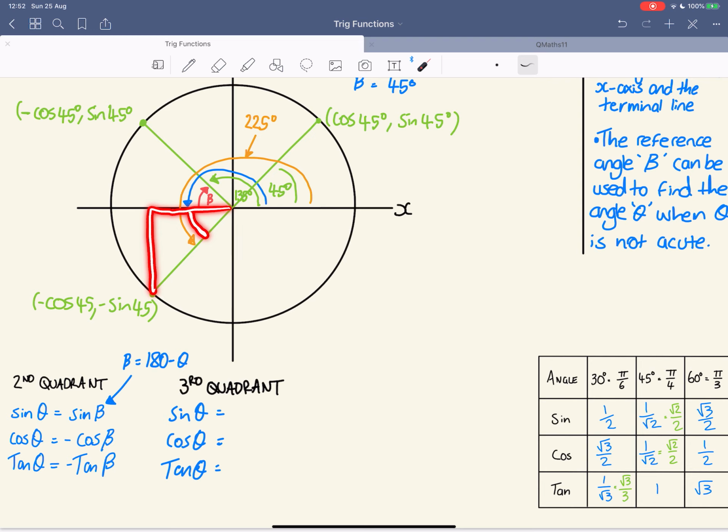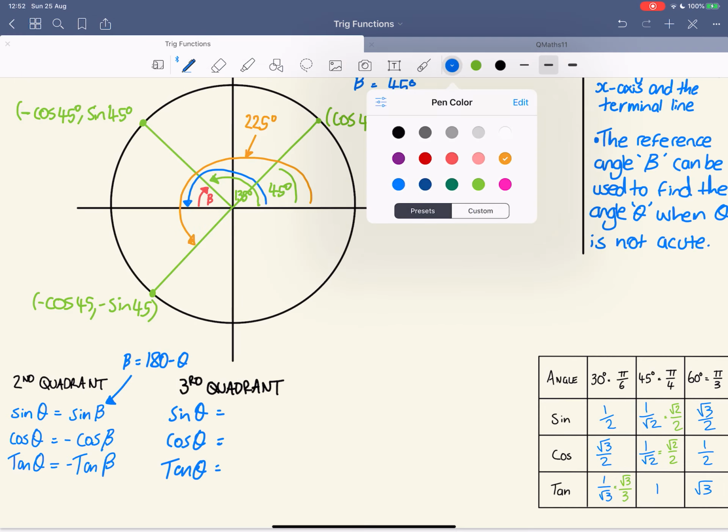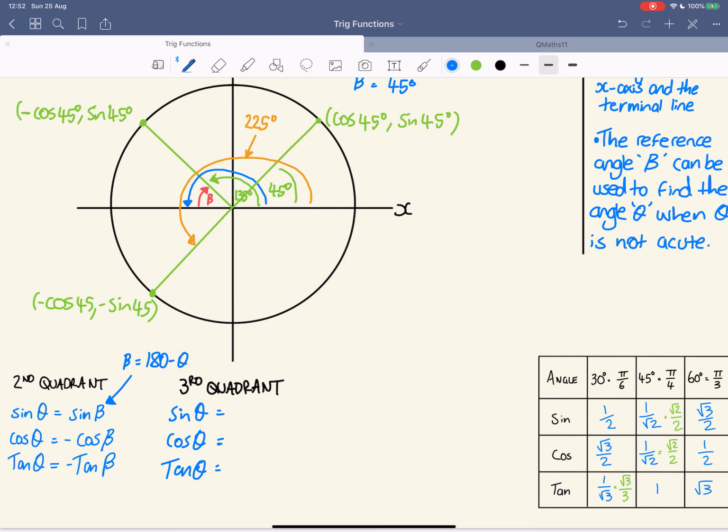If we were doing this entire thing, it would be negative cosine of 225 and negative sine of 225. But we're just looking at this angle here, and if we're just looking at that angle, have a look. It's equal to the other coordinates that we had, right? They're all the same. And so from there, we can establish that, and I'll write in blue, for our third quadrant, the sine of any angle in the third quadrant is equal to the negative sine of the reference angle.